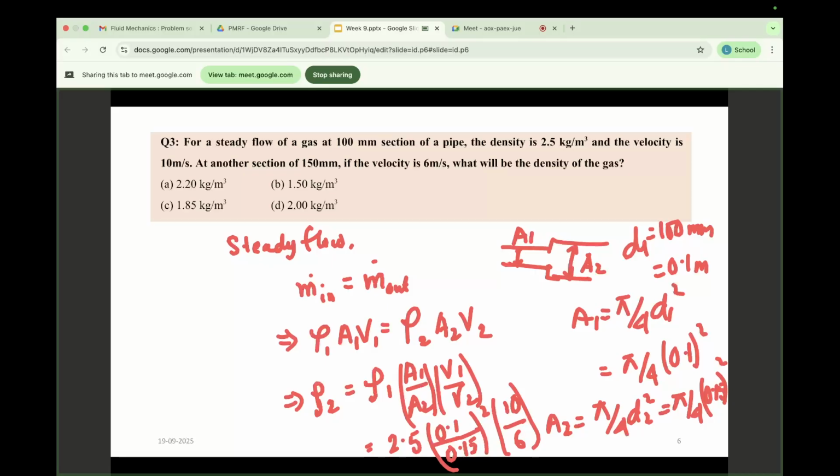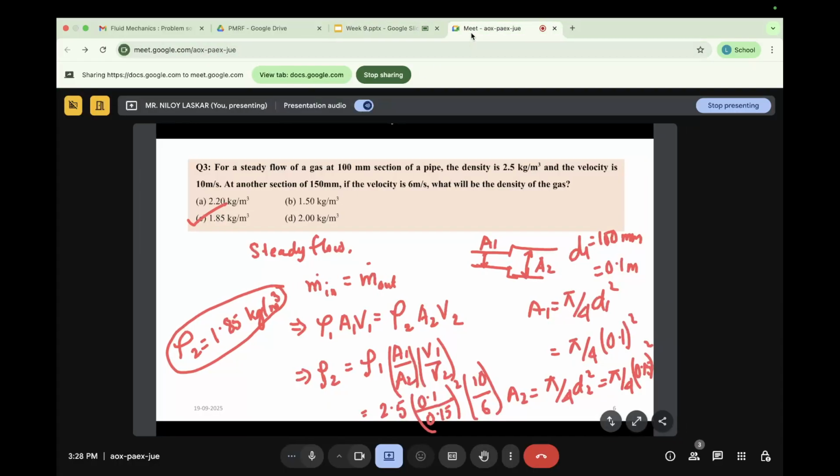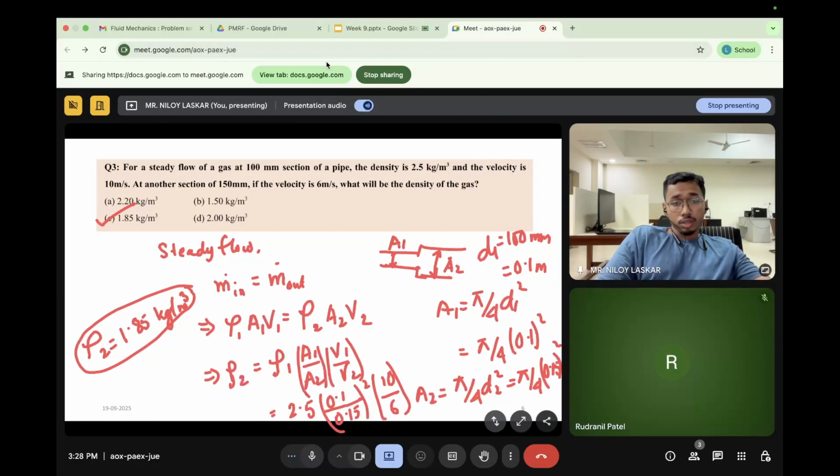So the answer that is coming here is rho 2 is 1.85 kg per meter cube. So that is the correct option. So the correct option is option C. So I hope that you understand the mistake, Mr. Patel. So please check whether you understand this mistake.